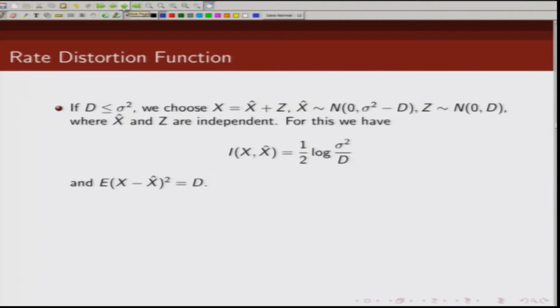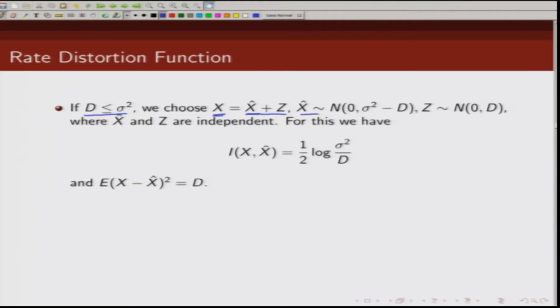Now, we are going to show that this lower bound is achievable. If d is less than sigma square, we choose x to be x hat plus z. And what is x hat?